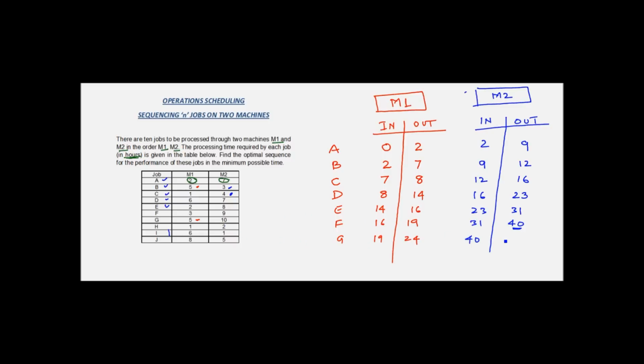So 40 plus 10 is 50. Next is H. H takes 1 hour to be processed on M1. So H goes into M1 at the 24th hour, comes out the 25th hour, and H can go into M2 at the 50th hour, and it takes 2 hours there, so it will come out at the 52nd hour.